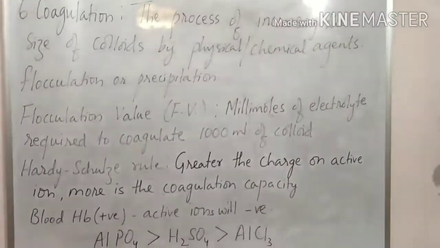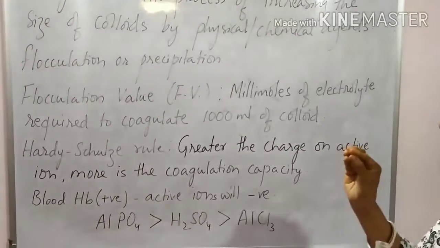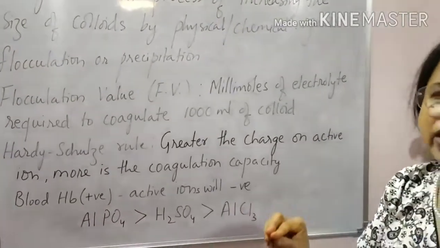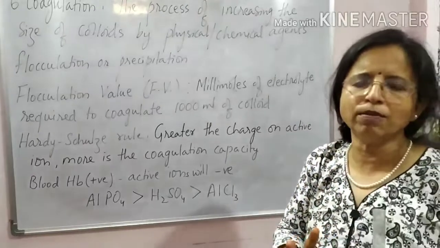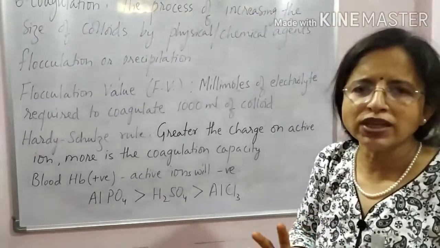Again I repeat, the millimoles of electrolyte required to coagulate 1 liter of colloidal system is called flocculation value.